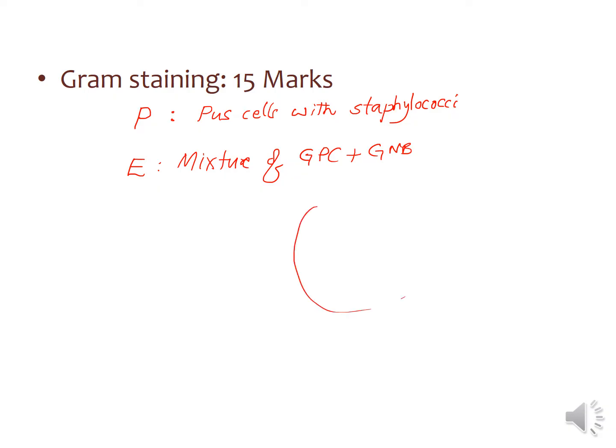While you are drawing, in the case of pus, the cocci should be like this only, not like this. Some people will draw the diagrams like this, or very big circles like this. These are all wrong. Don't draw like this, you have to draw like this only. You have to draw very small.